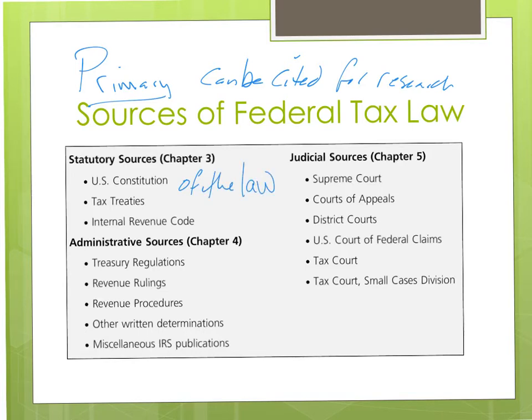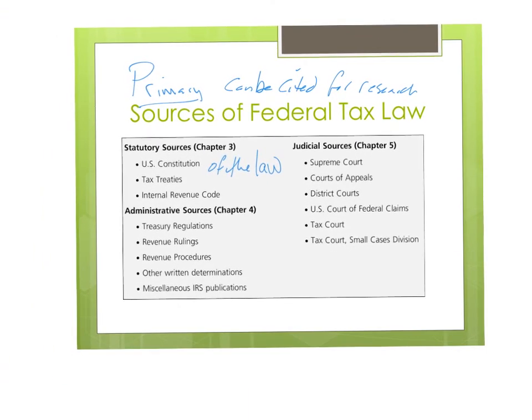okay? Chapter 4 covers administrative sources, okay? And then Chapter 5 covers judicial sources. Now, what is kind of the interesting thing about the development of each of these sources? The statutory sources come from Congress, all right?